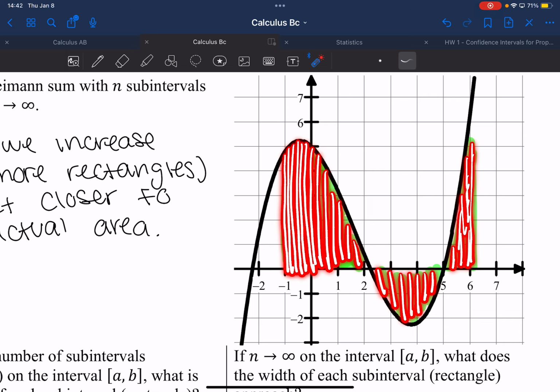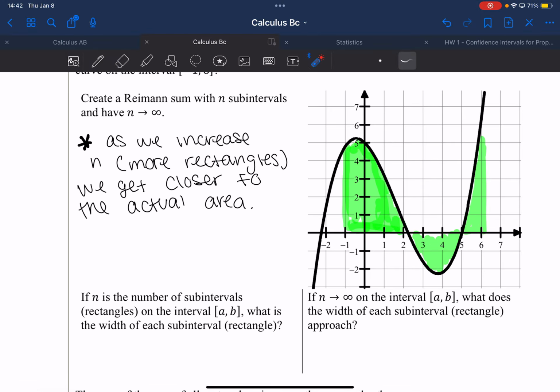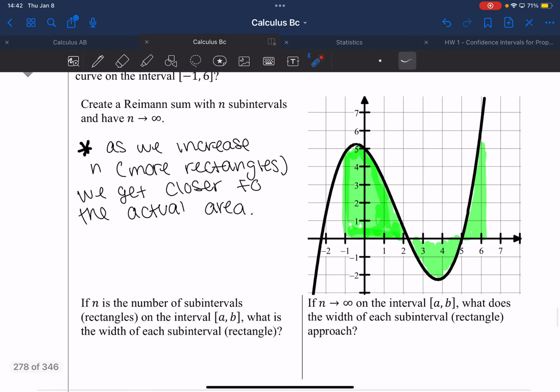Eventually, if we were to use this method with n approaching infinity, we would get a precise area for -1 to 6. However, it would take a long time if we had to calculate the area of each of the rectangles and add them together. So that is where we start bringing in summation notation.